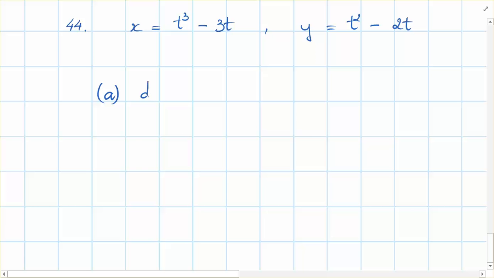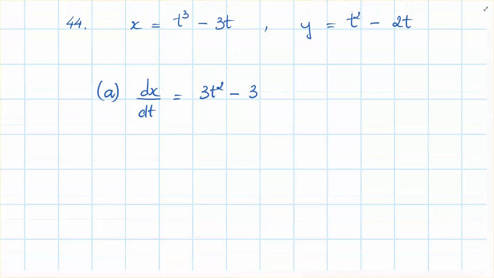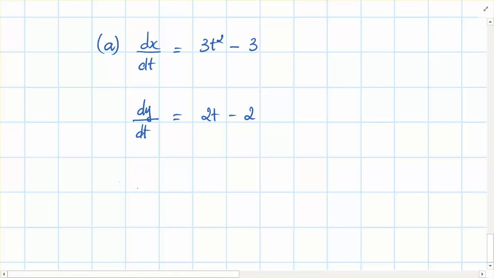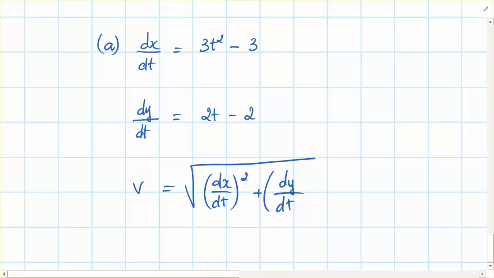So the derivative of x, dx over dt, equals 3t squared minus 3, and the derivative of y, dy over dt, equals 2t minus 2, and the speed or the velocity is equal to the square root of (dx over dt) squared plus (dy over dt) squared.